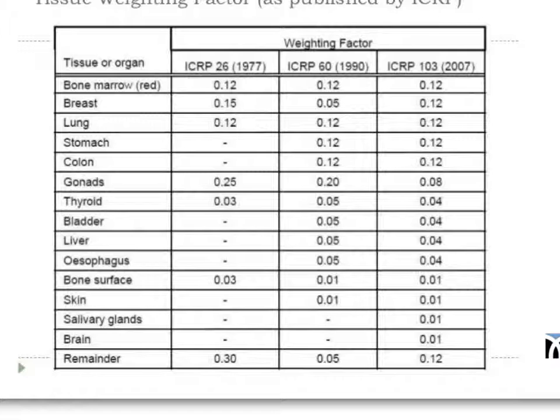And then what's really interesting is that breast used to be one of the highest numbers, second highest really by proportion in 1977, and then decreased in 1990, and then subsequently re-increased in 2007. So a lot of studies have come out demonstrating how scoliosis procedures really can induce breast cancers for young females that undergo those procedures.